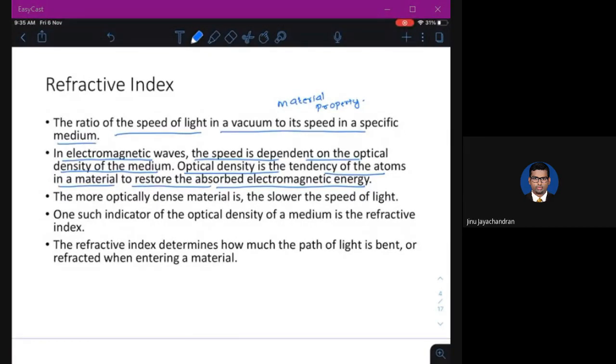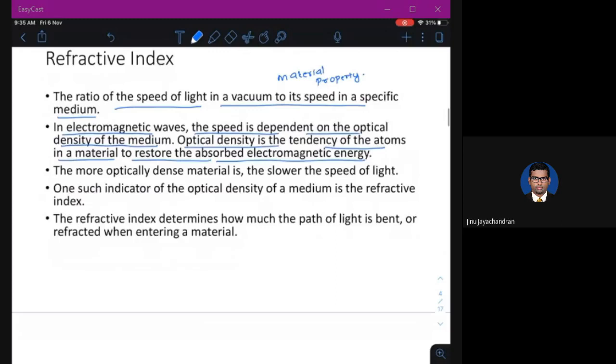And some part of the light which is absorbed, the atoms in that material have a tendency to restore it. That is called optical density. So it is how many atoms are able to restore the absorbed electromagnetic energy.